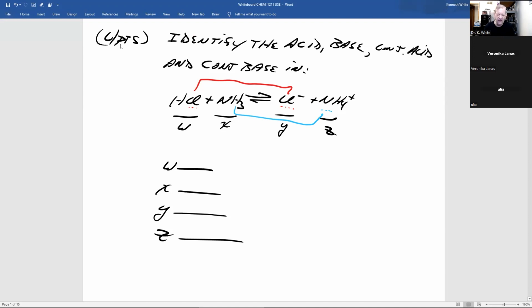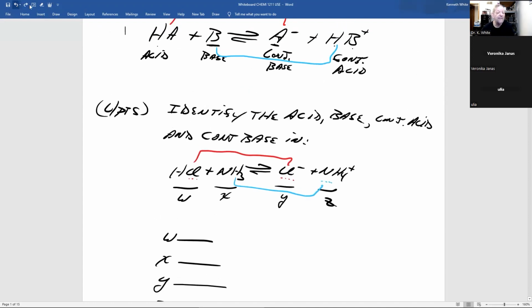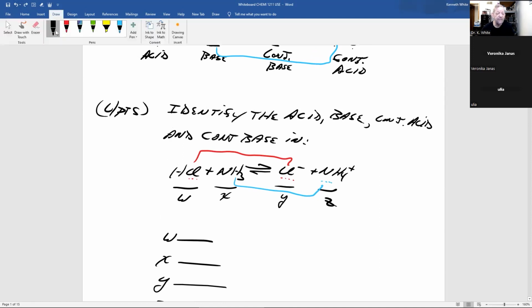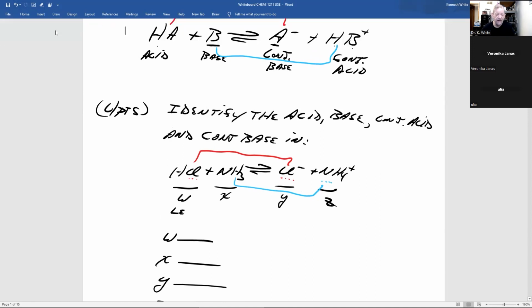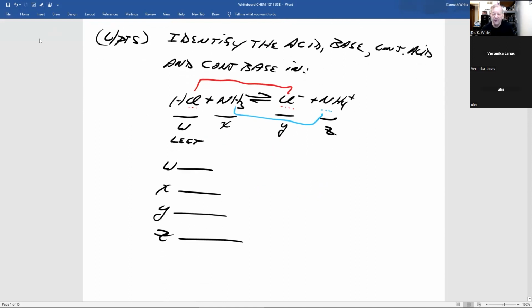Now, by definition, everything on the left are either acids or bases. Everything on the right are conjugates.